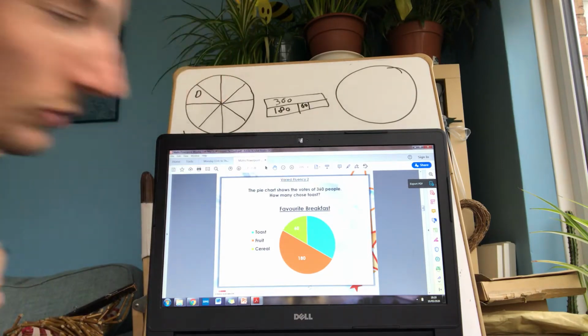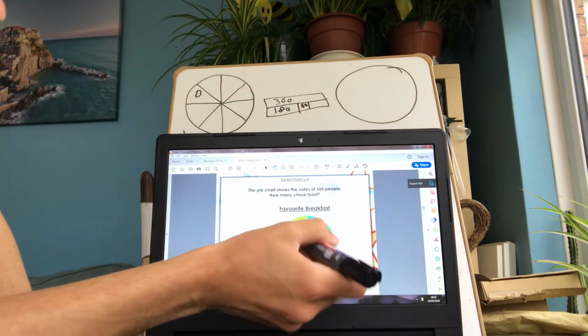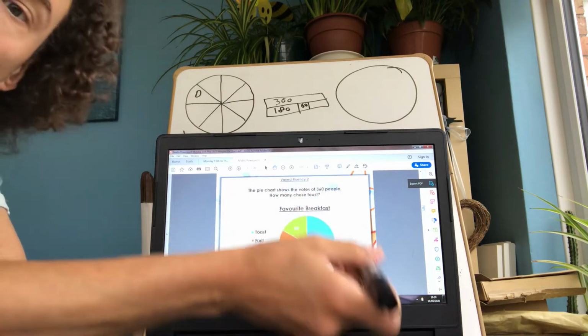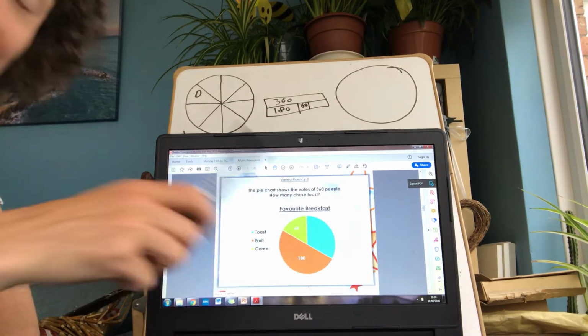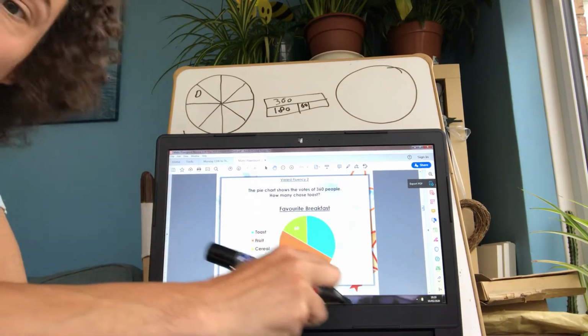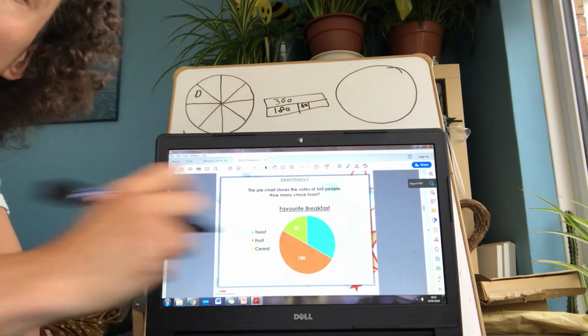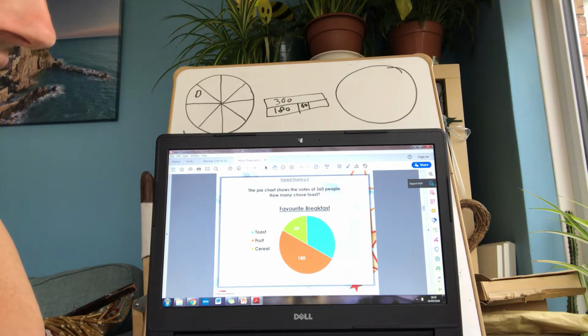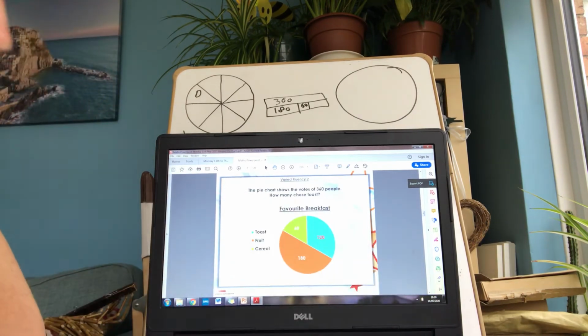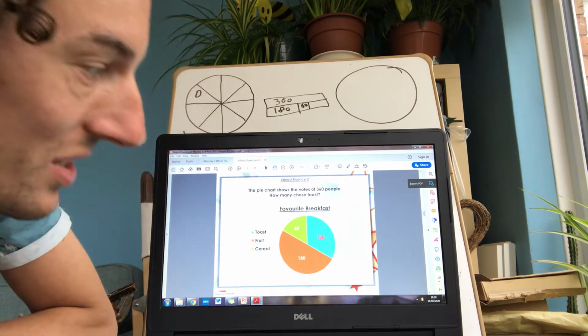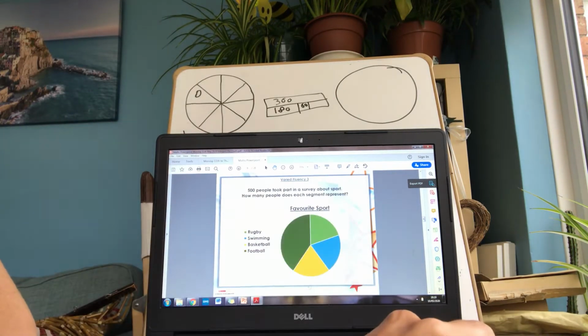But actually, we know that if that half's 180, the other half is going to be 180 as well. So all we have to do really is 180 take away 60. Do you see? And 180 take away 60 is exactly that, 120. Good lad.